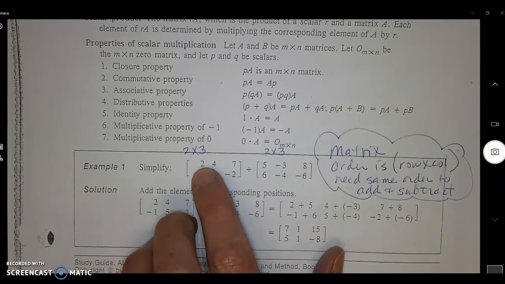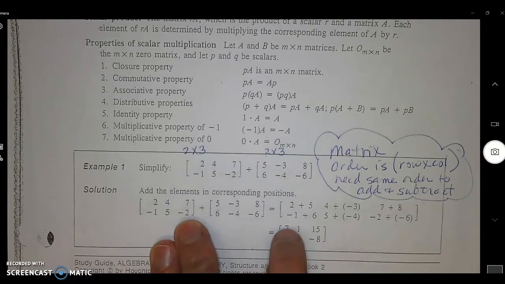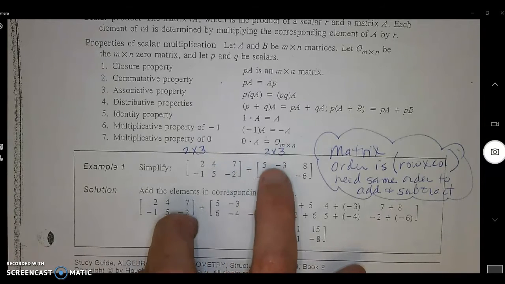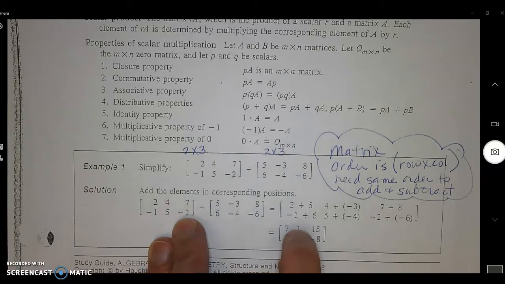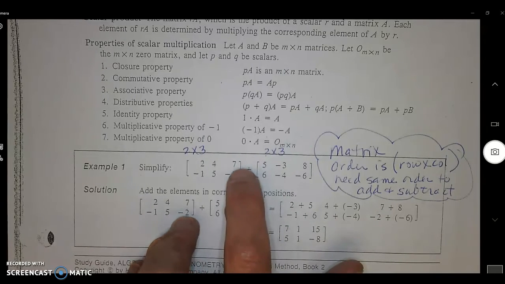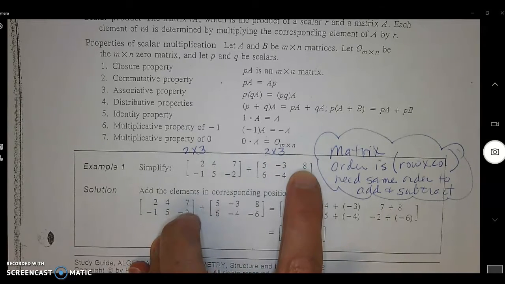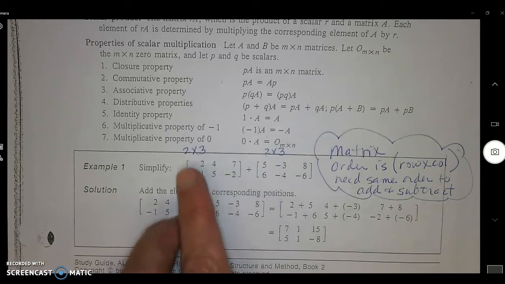So top left 2 plus top left 5 is top left 7. Okay, next one over here, top middle 4 plus this top middle negative 3. 4 plus negative 3 should be 1, and you put that in the top in the middle. 7, top right, plus 8, top right, 15, top right.